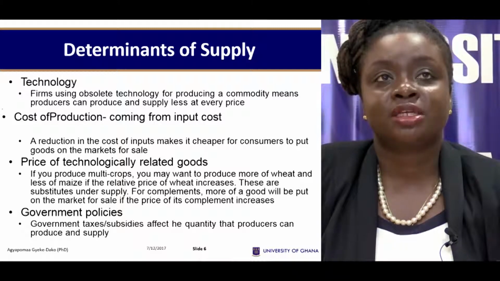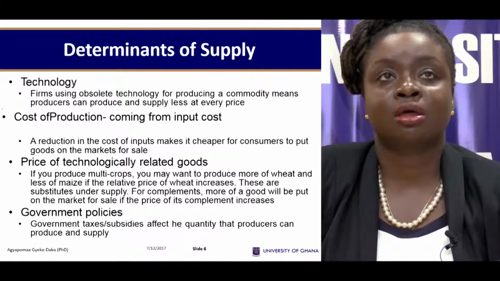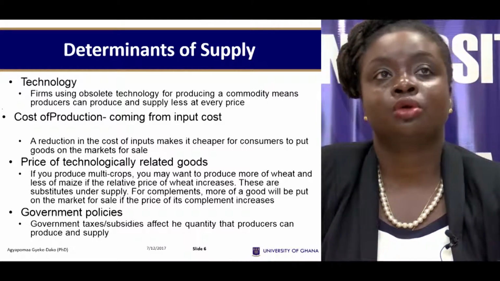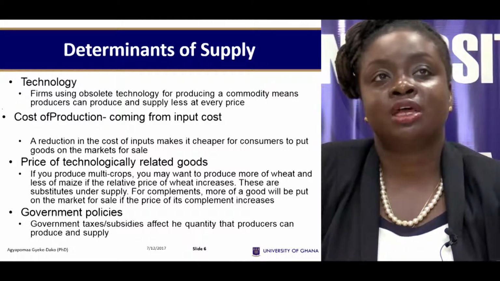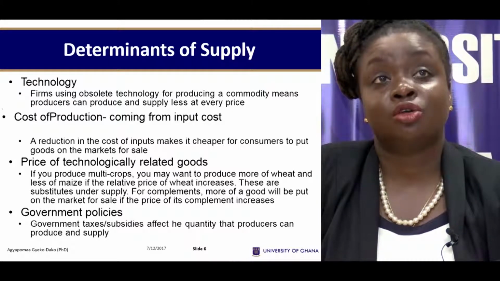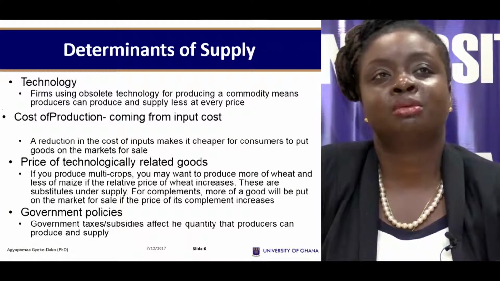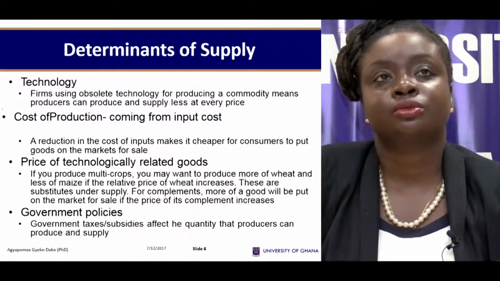The price of a product is not the only factor that influences how much producers are willing and able to put on the market for sale. Another thing that one would need to consider if you're a manager is technology. Now, technology is an important factor that would also determine how much you'd put on the market for sale.